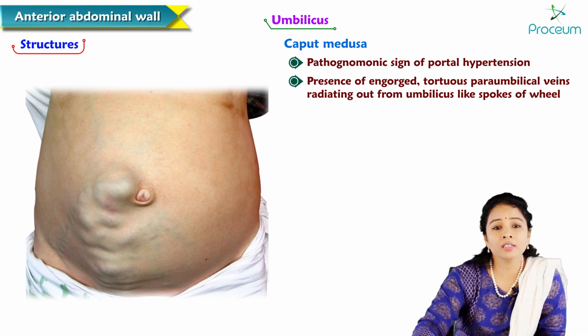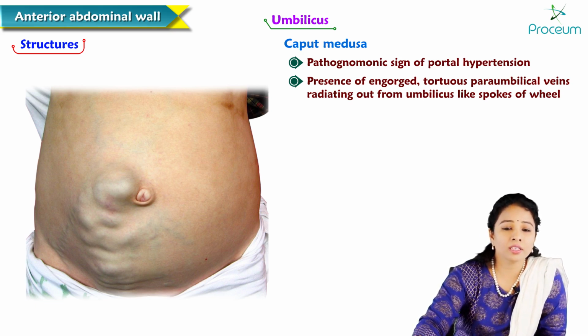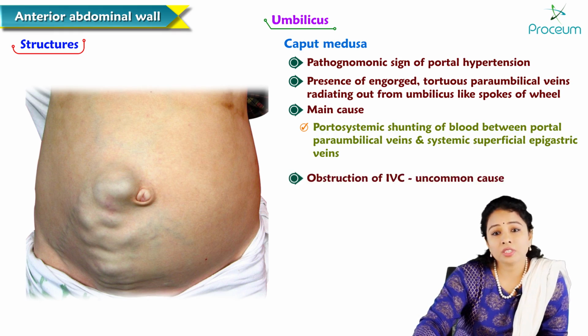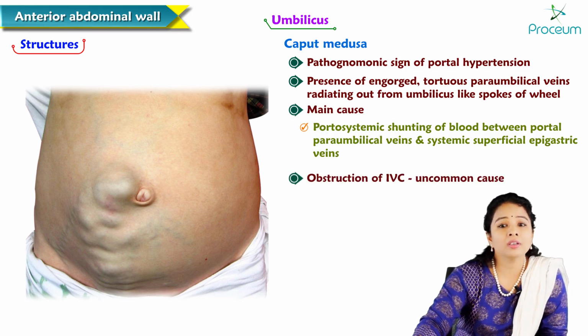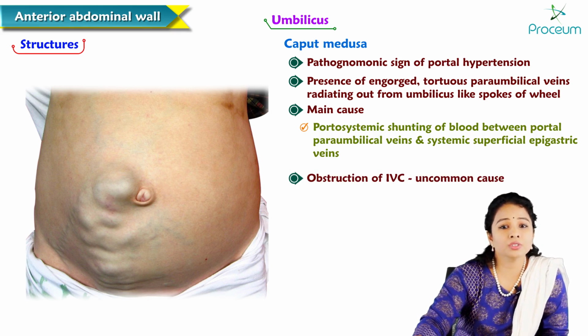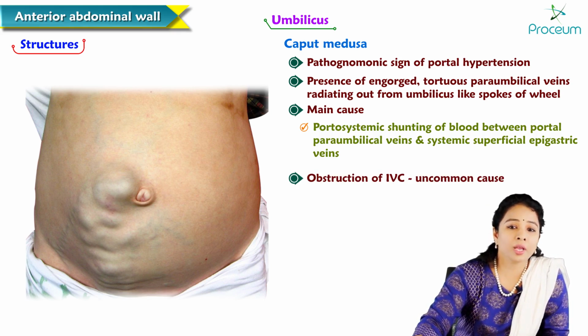This is mainly caused by portosystemic shunting of blood between the portal para-umbilical veins and the systemic superficial epigastric veins. Obstruction of the inferior vena cava is an uncommon cause of caput medusae. So portal hypertension leads to caput medusae.